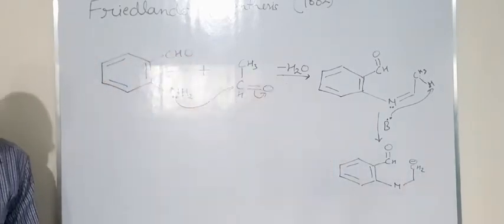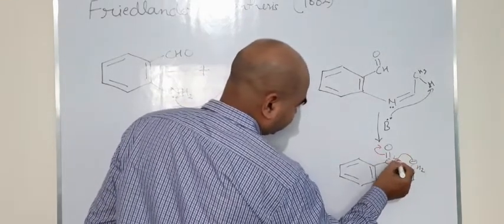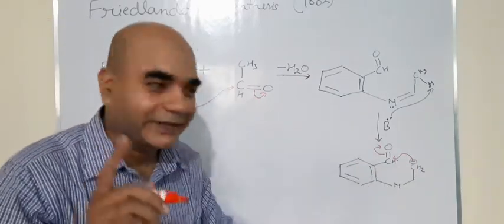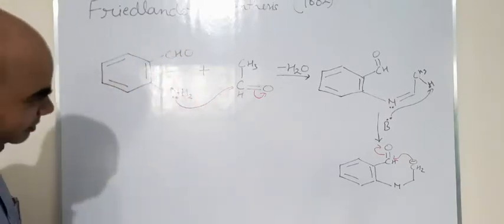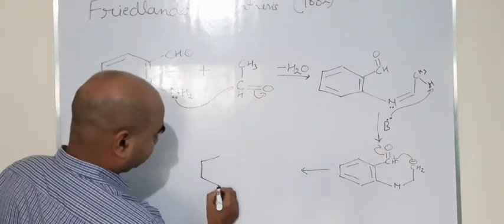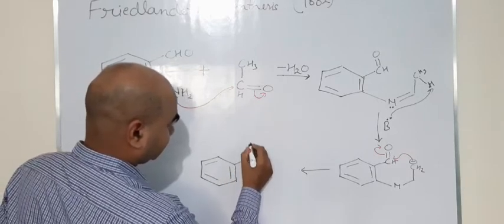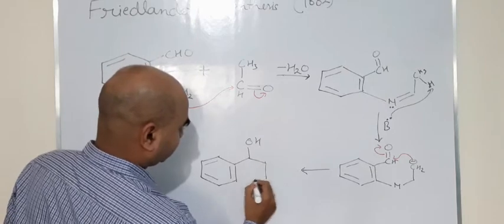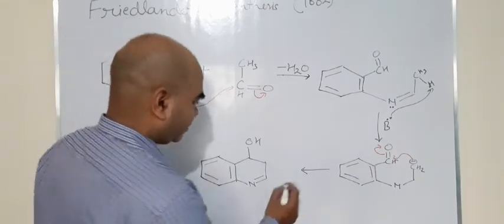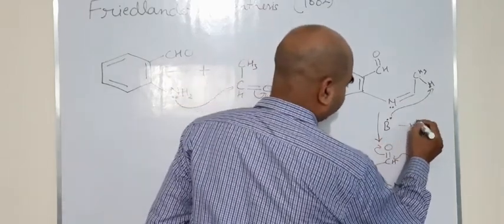Is that clear? Then again, this is a very simple reaction. You see the carbonyl and there is an anion. This will cyclize the ring. Okay? You can write plus H plus or minus H plus.